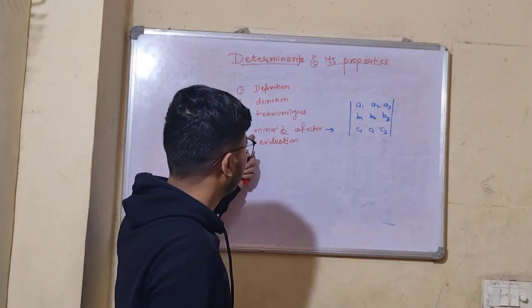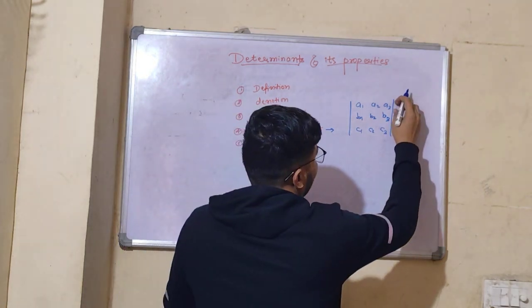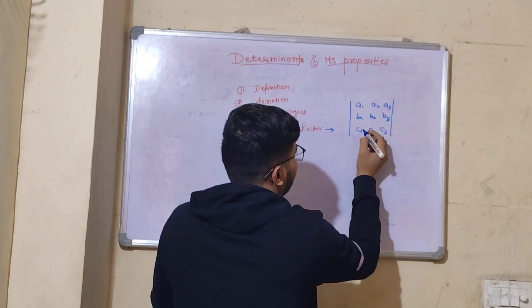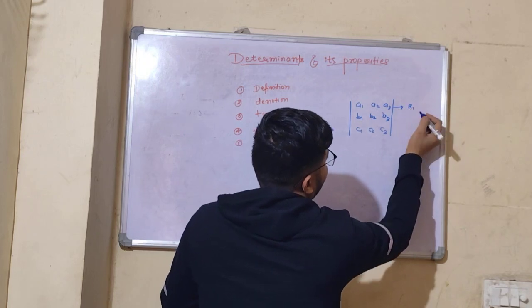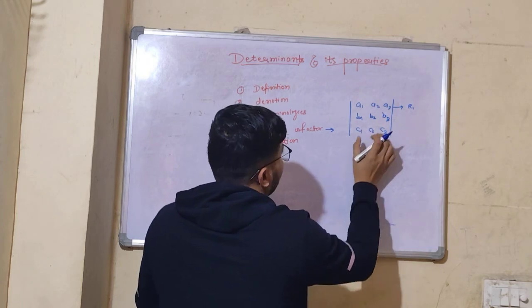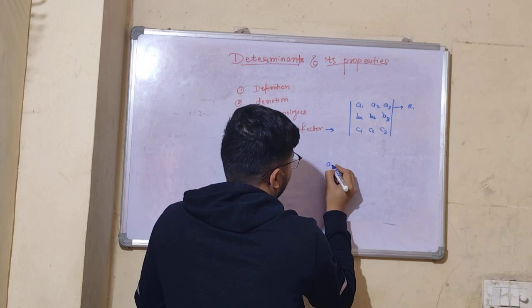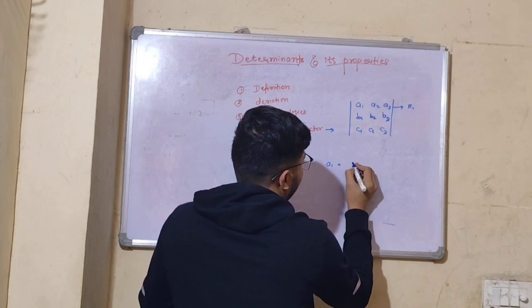Minor and cofactor are determined by taking any column or row as base. Suppose let's say we are going to take row 1, R1, as our base. So calculating the minor using this row, the minor of the element A11.